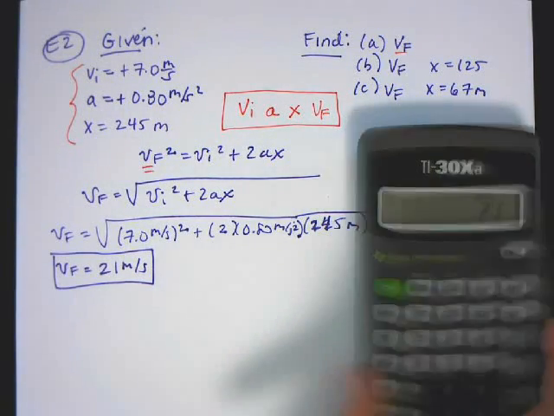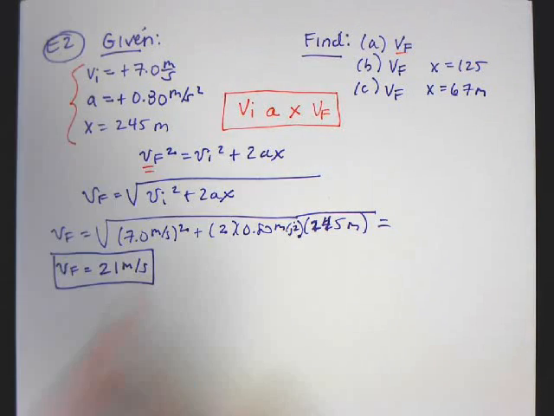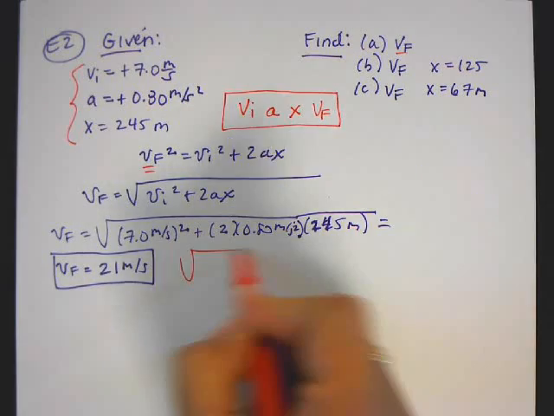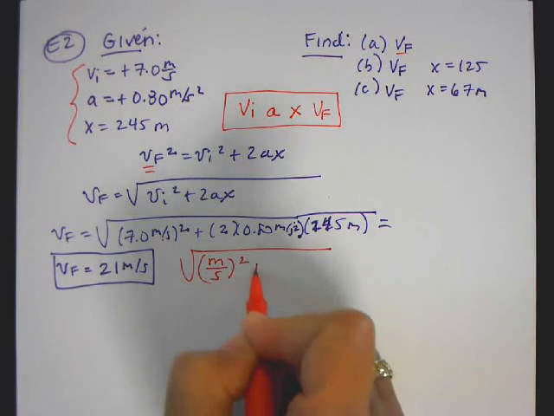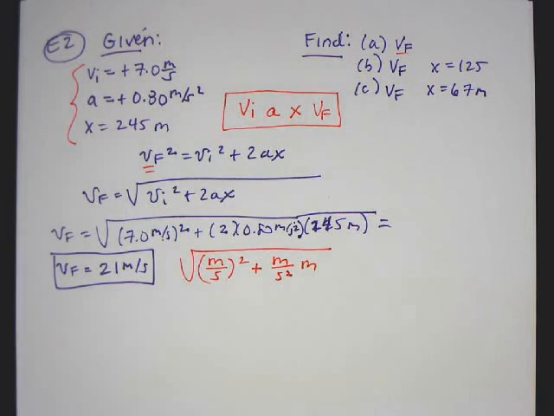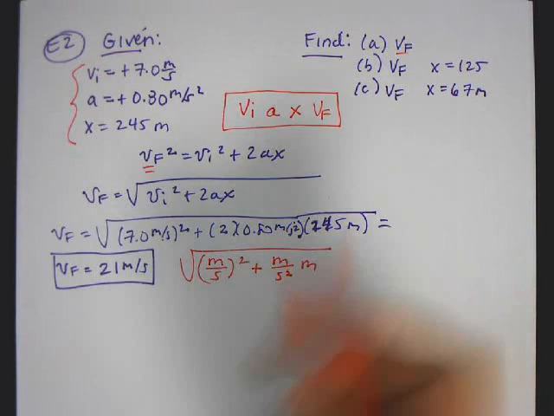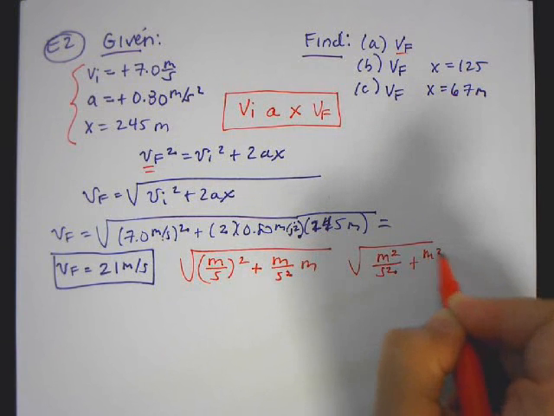But now I want to make sure that I did that right, so I'm going to carry my units. So let's look here. I have a radical. So here I have meters per second squared plus meters per second squared times a meter. Well, this is going to multiply out, so I have meter squared over a second squared plus a meter squared over a second squared.